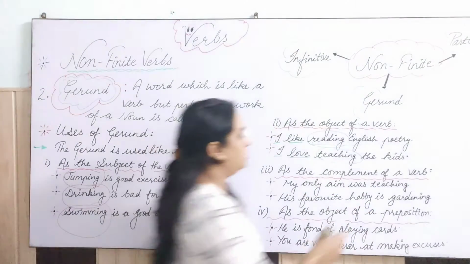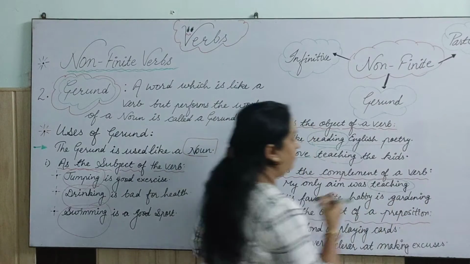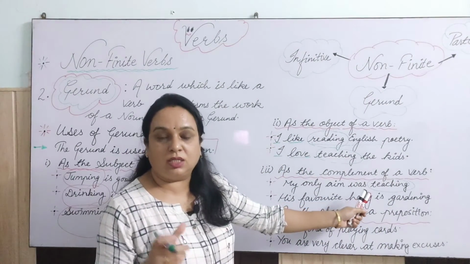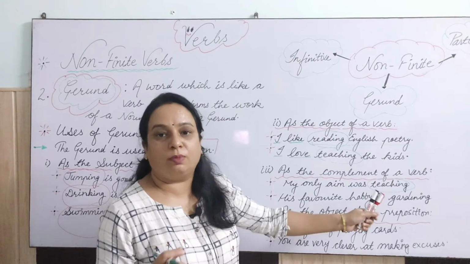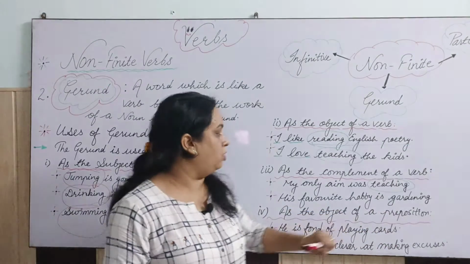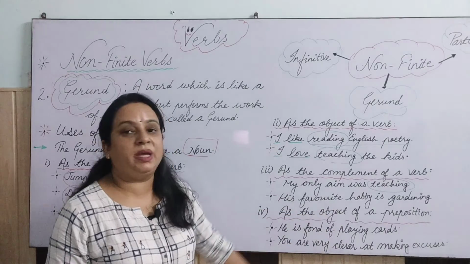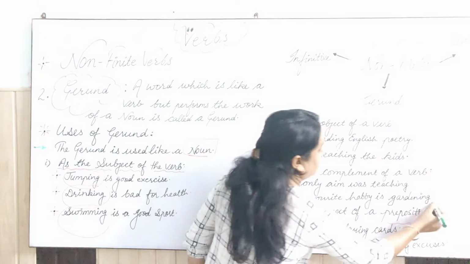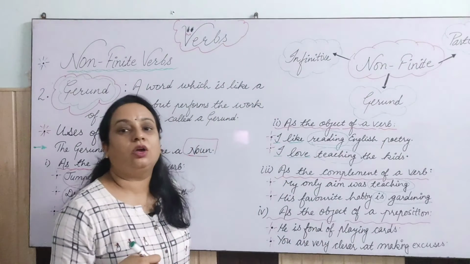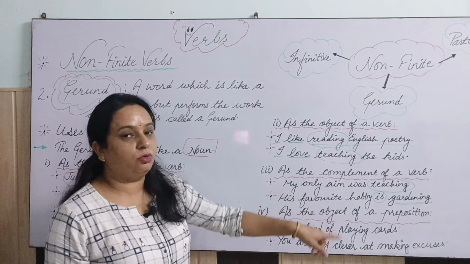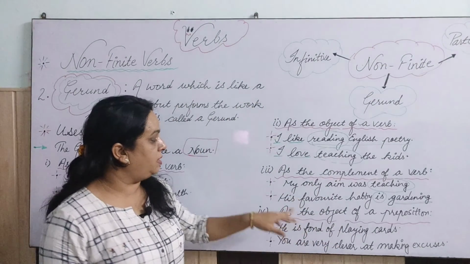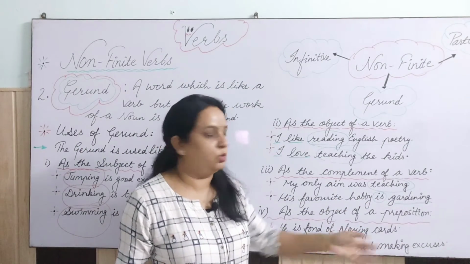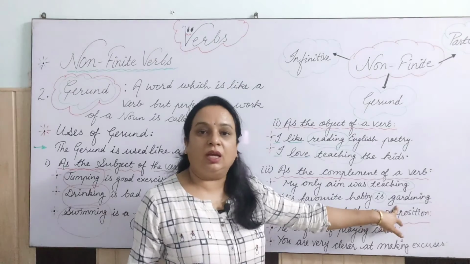So this teaching is working as complement here. It comes after a be form, right? The base form is be, and in the past it is was. His favorite hobby is gardening. So here is the be form, and this is gardening. This is the complement. And if you remove this gardening, the meaning is incomplete. His favorite hobby is what? We don't know. So that's why we have added gardening.